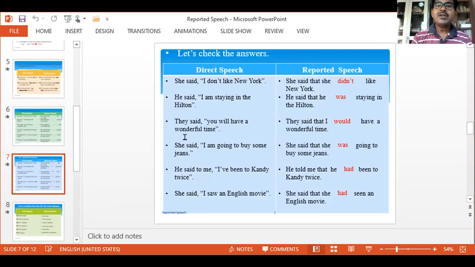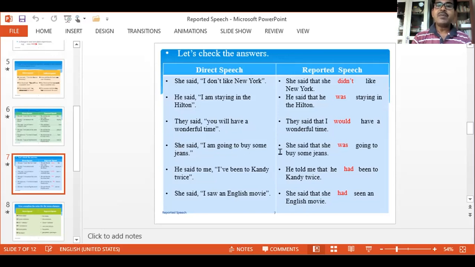Shall we look at the third one? They said, "You will have a wonderful time." They said that you becomes I, would have a wonderful time. Will, as I told you earlier, becomes would. It's very clear to you. She said, "I'm going to buy some jeans."